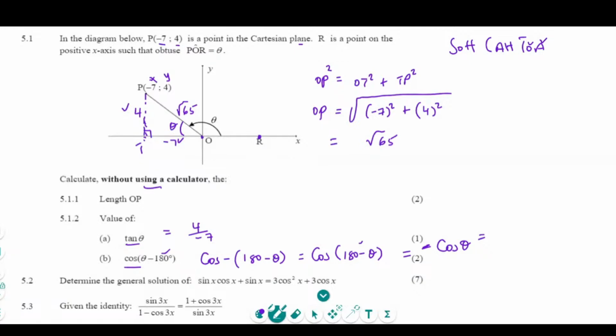So that is -7 over the square root of 65. If we reduce that, -7 over the square root of 65.